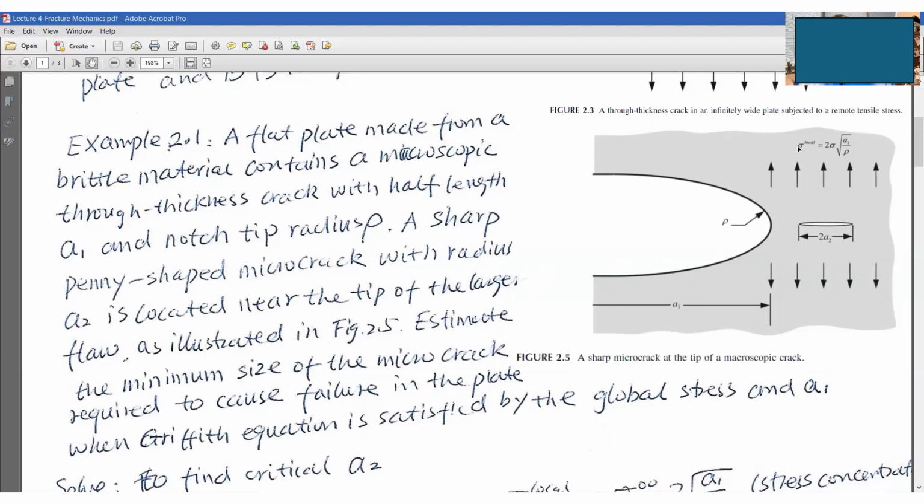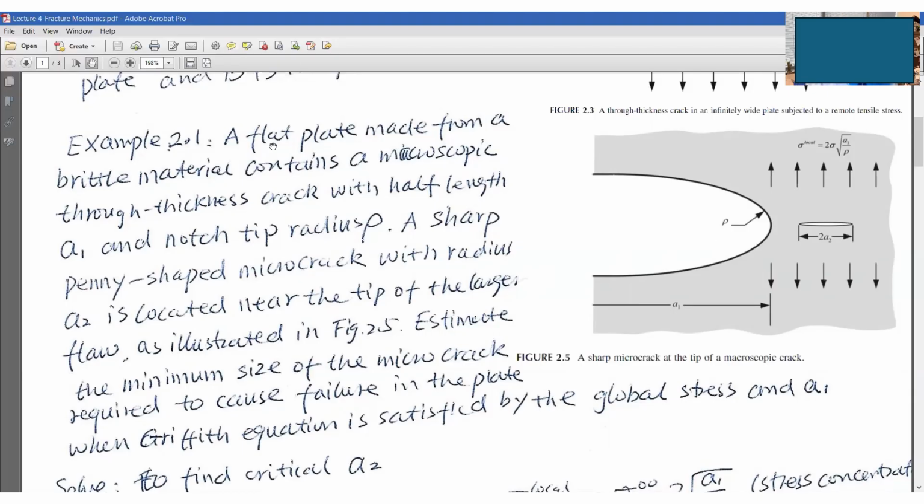So this is sigma local here, and it can be written as 2 sigma, where sigma is the remote stress at infinity, times the square root of A1 divided by rho. The assumption is that A1 is much larger than rho, right?